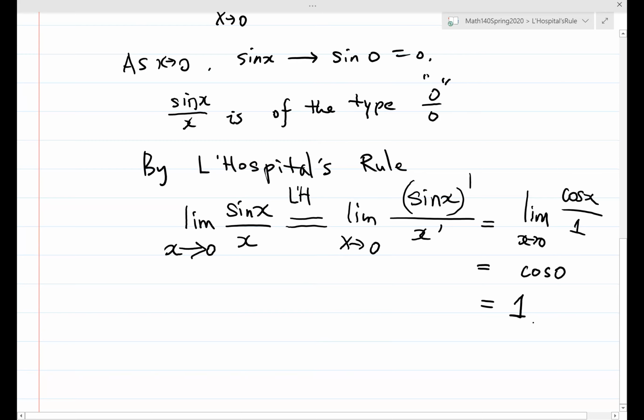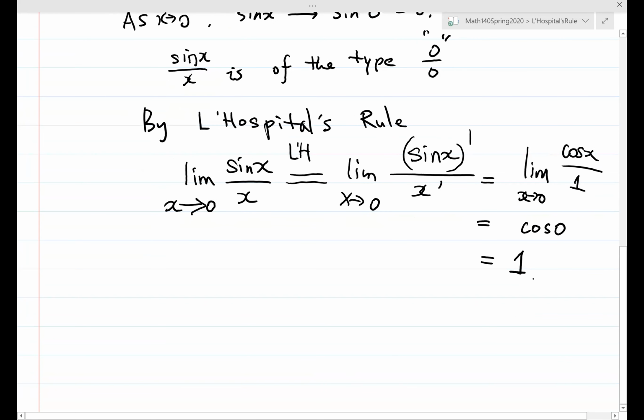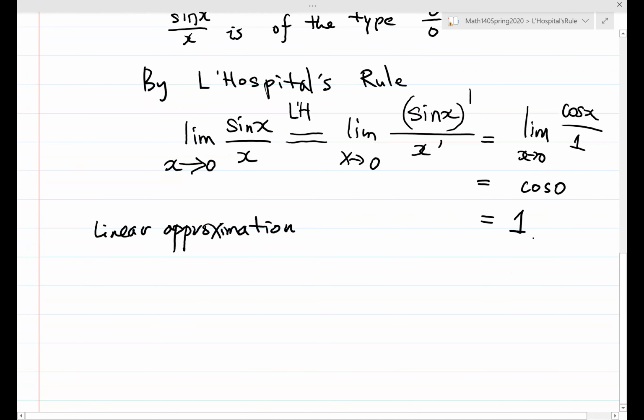This example says, remember, we also have linear approximation. Linear approximation says we can locally approximate a function by its tangent line.